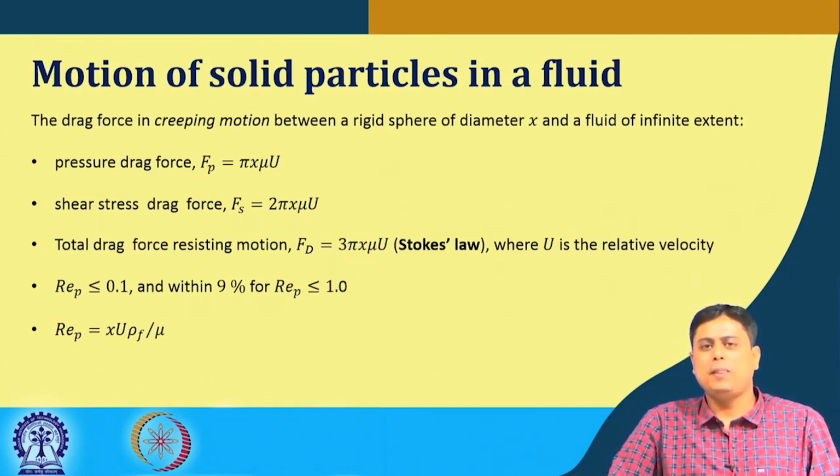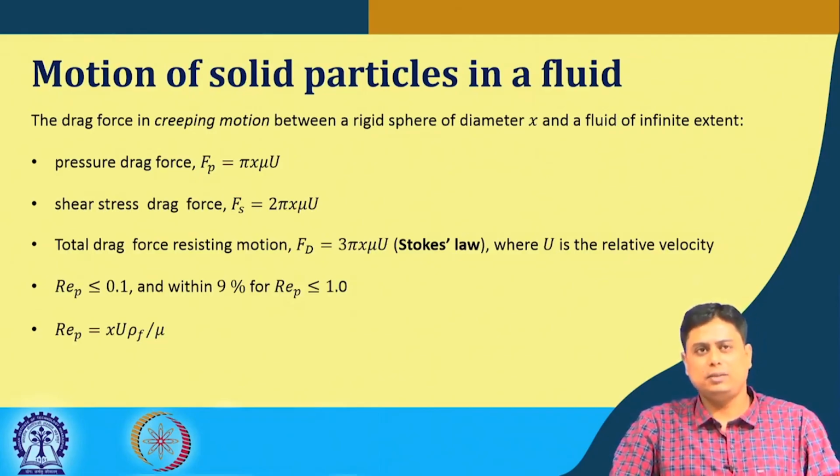So, basically the size comparison between the object that is falling and this pool of liquid where it is contained, that comparison is very low. So, in that case we can say that there is no effect of boundary wall or the fluid is of infinite extent. So, in such case the pressure drag force is pi x mu u.